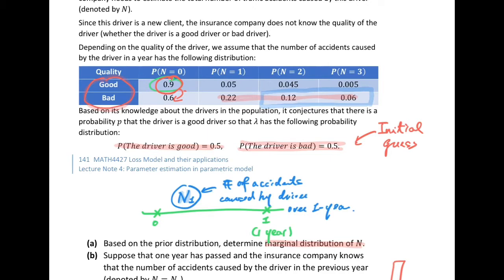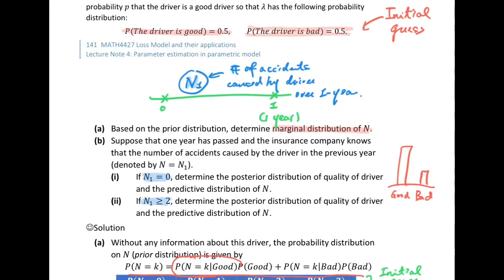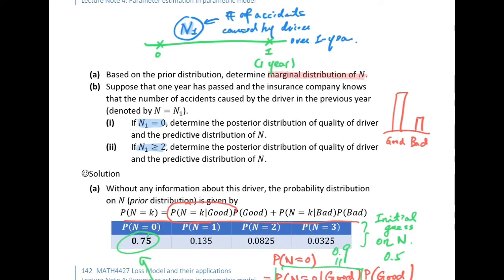Remember, we are talking about the probability that N is greater than or equal to 2. For a bad driver, it has 0.18 probability of causing this, right? But for a good driver, it is only 0.05. So given this, the insurance company will think that this guy is a bad driver.